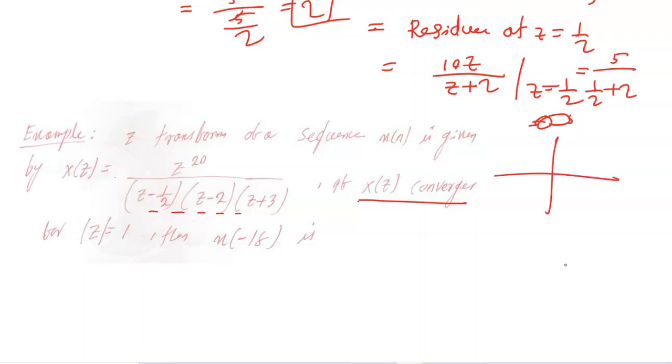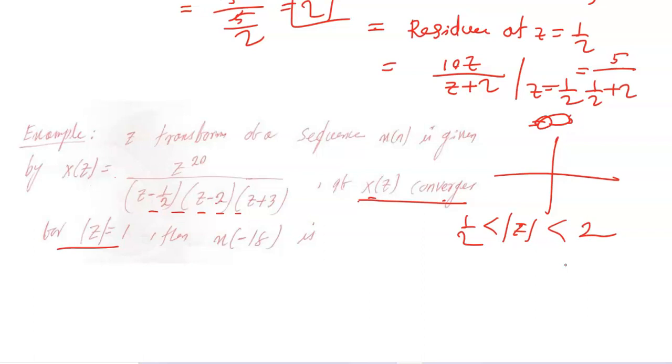So how can we get an ROC for this case? If X(z) converges for magnitude of z equal to 1, that is, the unit circle is included in the ROC, that means we have only one case where the unit circle is included, which is z greater than half and less than 2.